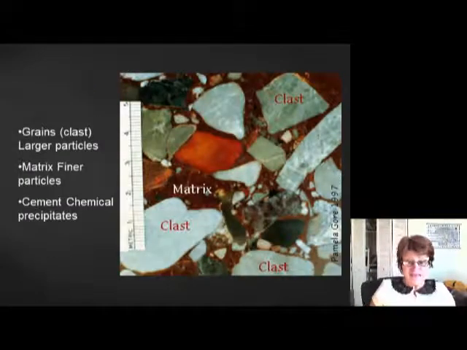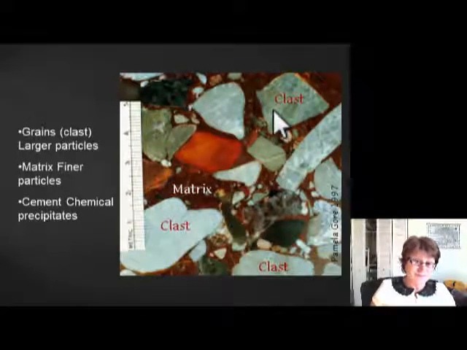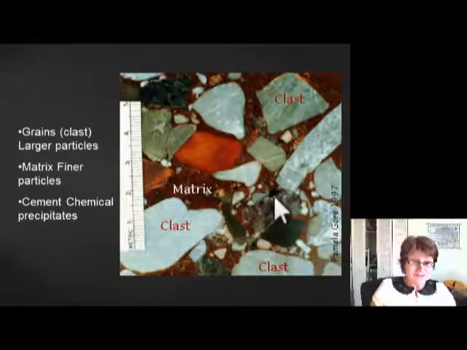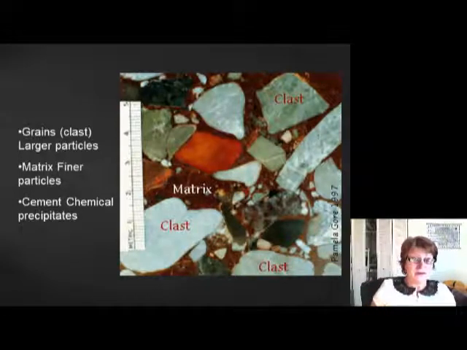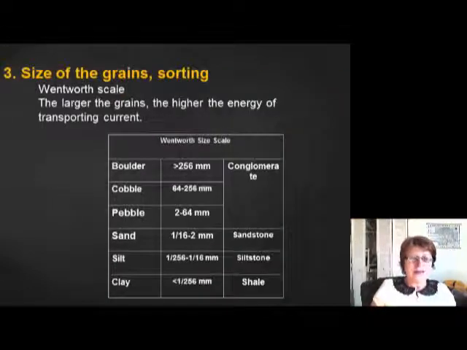And right here I have a picture where you can see the clasts or grains, the matrix, which are the finer particles, and then there is the cement, which glues the particles together. And this one is about the grain size.